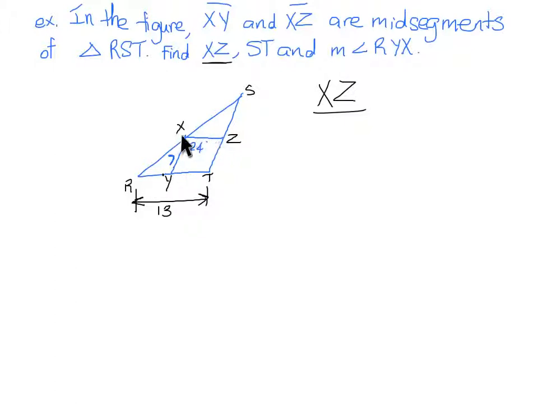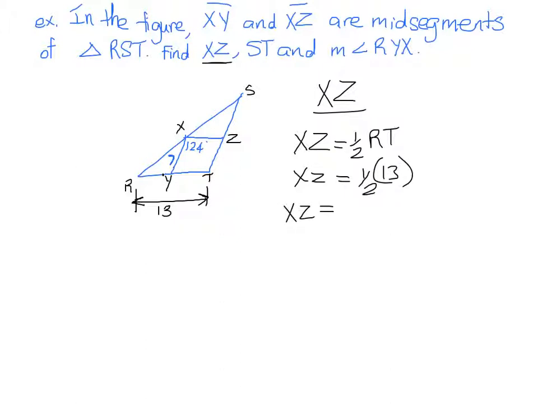So XZ equals half RT. RT in this case is 13. So XZ is equal to half of 13, which gives us 6.5.